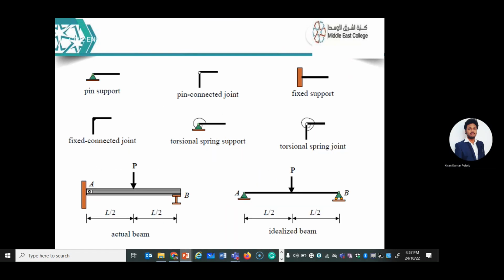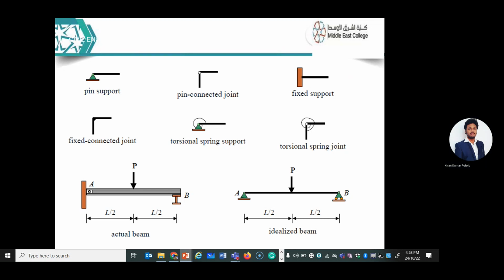Now, let us take this is a beam. So what type of beam is it? In the last class, I told you different types of beams. How many types of beam do we have? How many? 5 types. If you don't remember, please write down in your book.